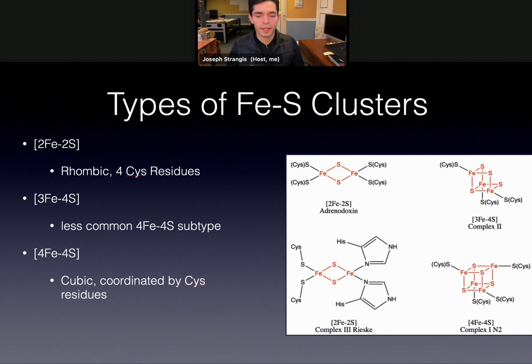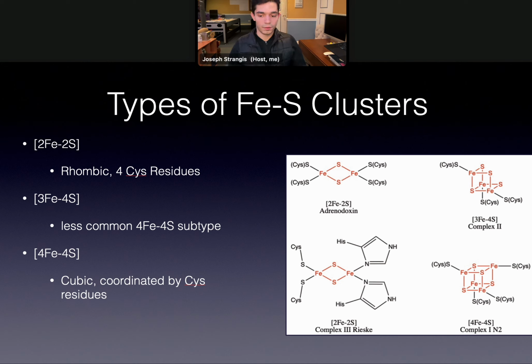They're typically ligated by 4 cysteine residues within the iron-sulfur protein, but ligation involving both cysteine and histidine residues is also observed. And they're found in a bunch of proteins that are involved in synthesis of things inside the body.